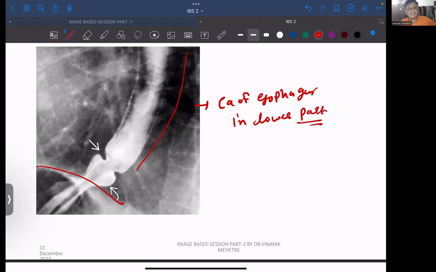And it is called as complete constriction. ठीक है, क्या होगा? Complete constriction होगा और esophagus छोटा हो जाएगा. It is called as Schatzki's ring. क्या बोलेंगे हम इसे? Schatzki's ring. Yes, correct.